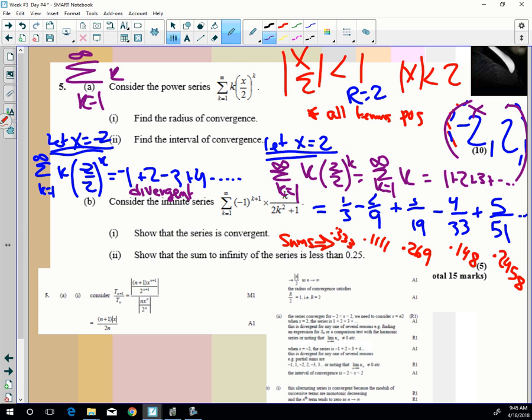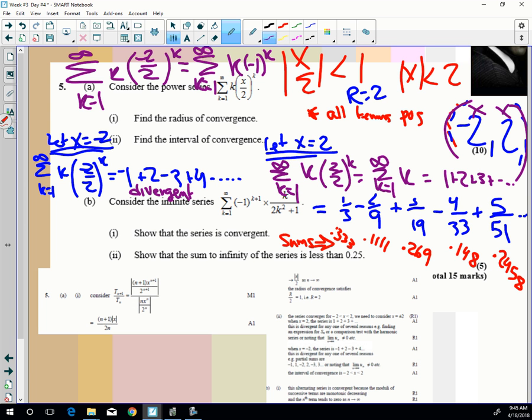These are my x values, so instead of x, I put -2. That gives k times -2 over 2 to the k, which is the same as k times -1 to the k, and that's why it alternates.